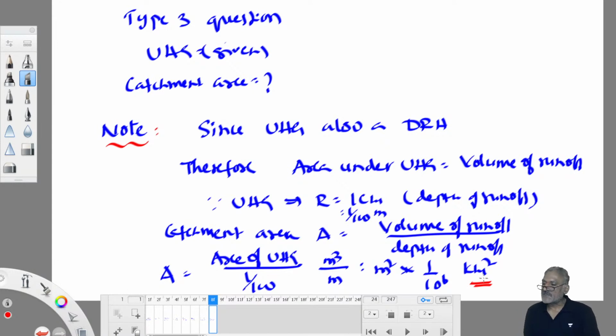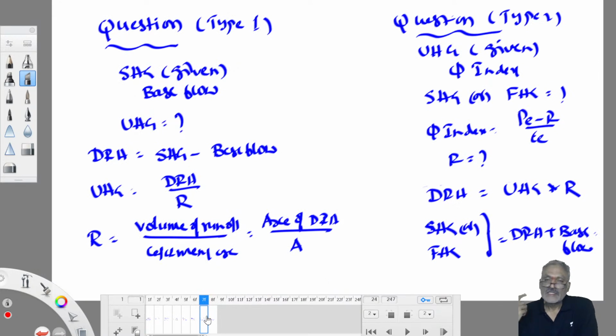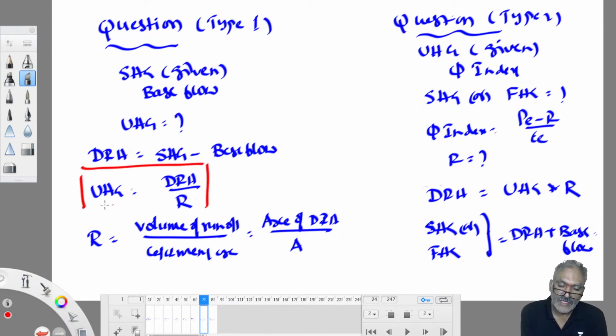So 3 types of questions are very popular related to unit hydrographs of a given storm of D hour duration. Whenever a storm hydrograph or flood hydrograph is given to you, you are expected to derive the unit hydrograph.